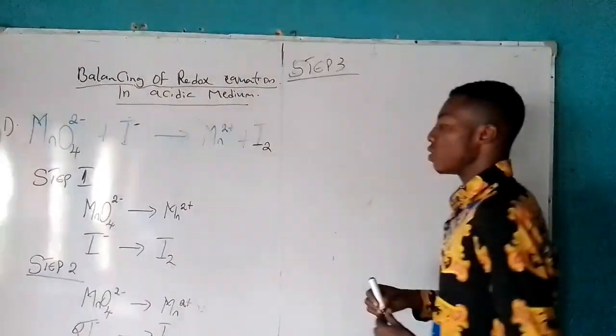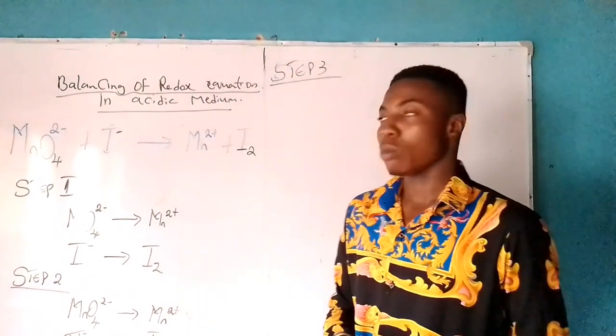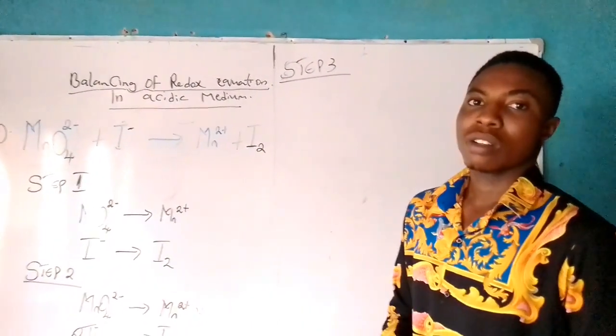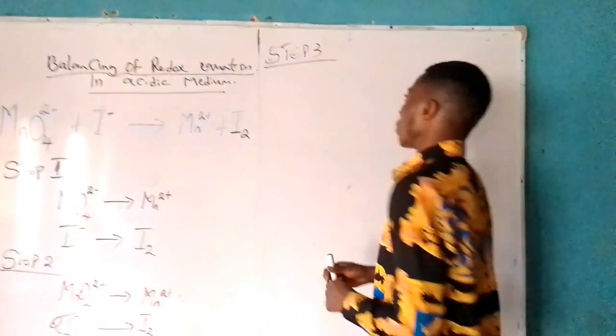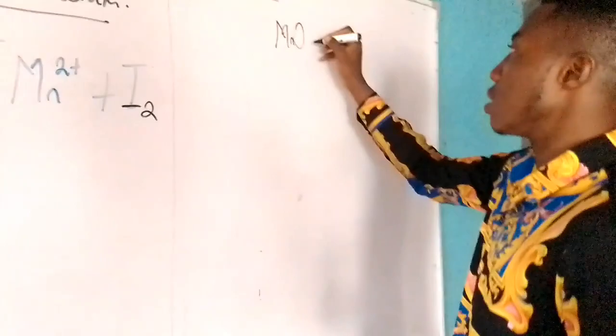In step 3, you are now going to balance oxygen by adding water. Let's see how it goes. First, we write this.